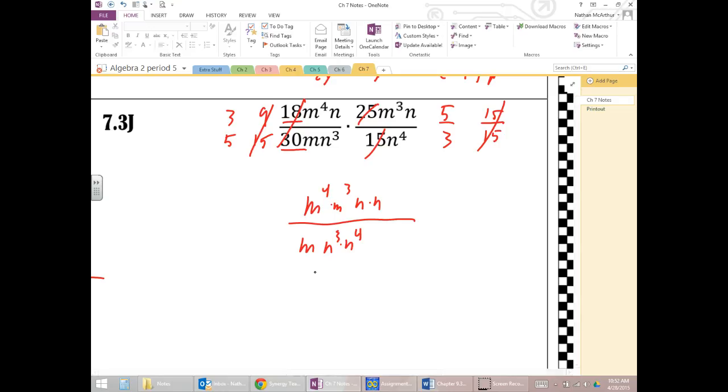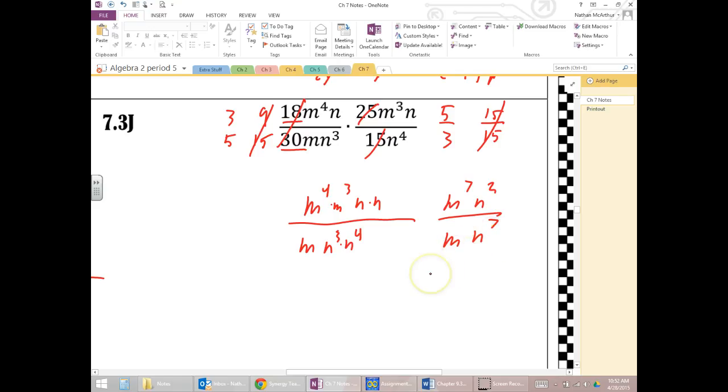I think. I may have done something wrong. So it's m to the 4th, m to the 3rd, and n times n. We can simplify that, right? M to the 4th times m to the 3rd is going to be m to the 7th. N times n is n squared. And then m on bottom by itself, and we have n to the 7th.